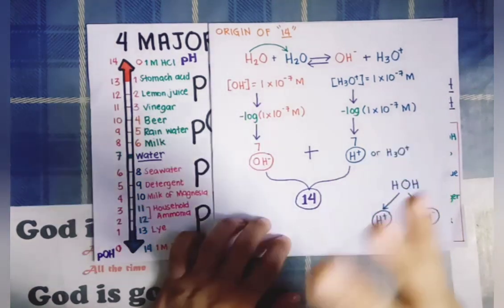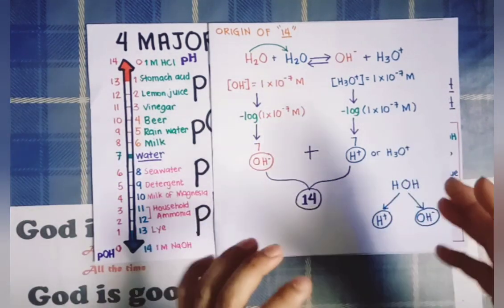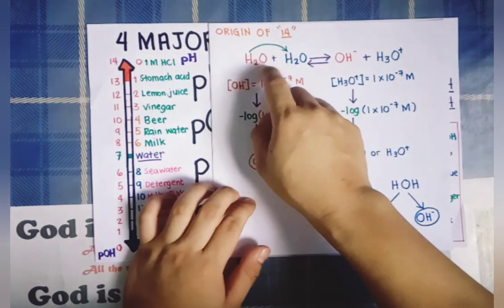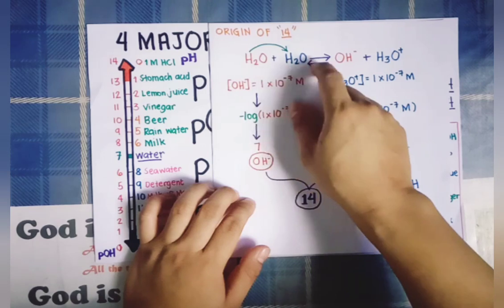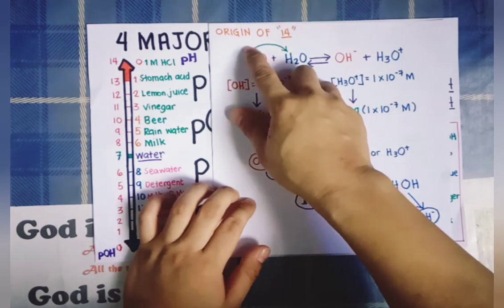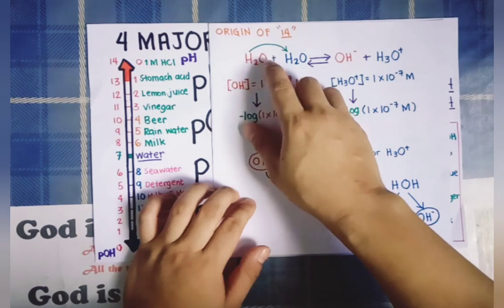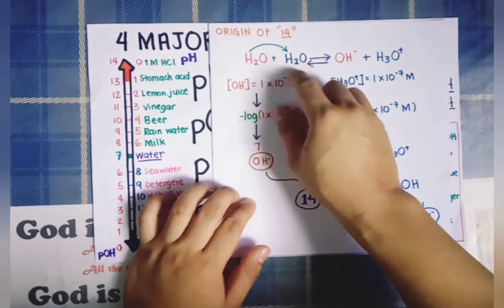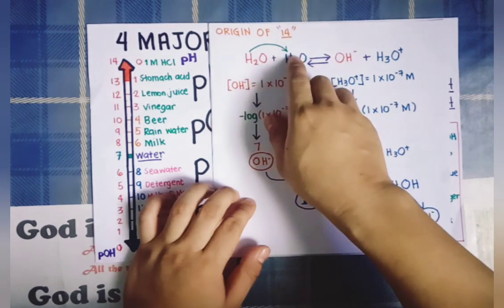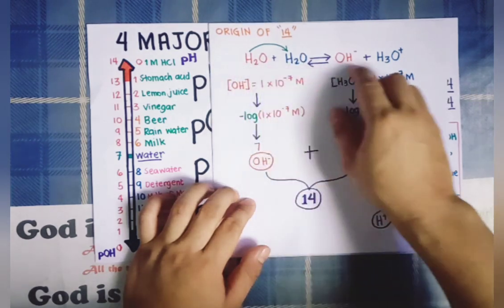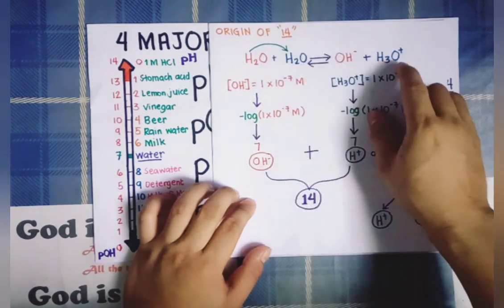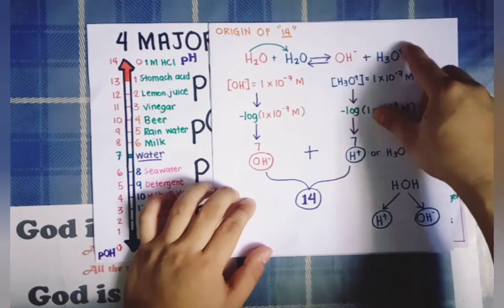Now, in a substance which is made of pure water, water can actually react with itself because one water molecule can act as an acid and one water molecule can act as a base. So this water molecule here, which acts as an acid, will donate hydrogen to this water molecule which acts as a base. Now, after its donation of hydrogen, this water molecule will turn into hydroxide ion, and this water molecule here will turn into hydronium ion.